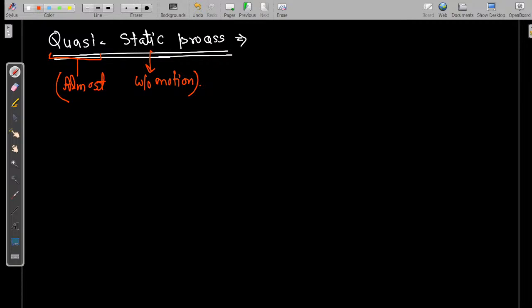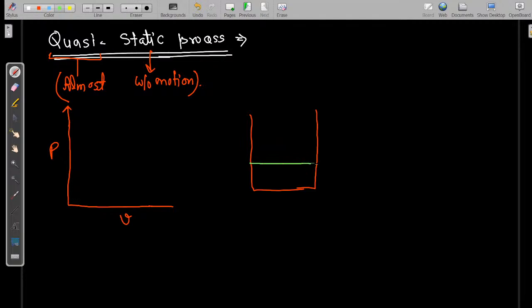For example, if I am saying this is pressure and volume, and this is one piston and cylinder arrangement. Initially the pressure and volume were at this condition, almost close to equilibrium.